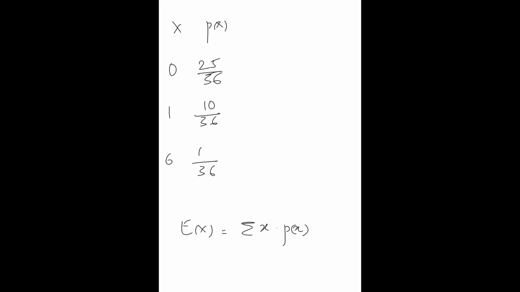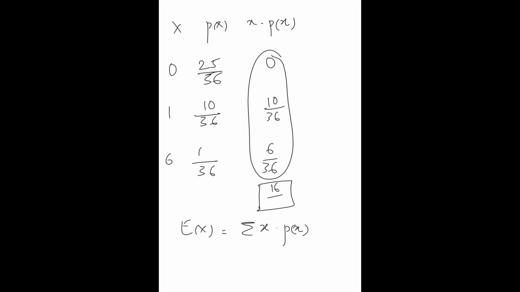X into P of X. So multiply x into P of x. So this is 0, 10 by 36, 6 by 36. So the total of this is 16 by 36, that is equal to 4 by 9. You want to divide, you can divide, otherwise keep it in reduced fraction.